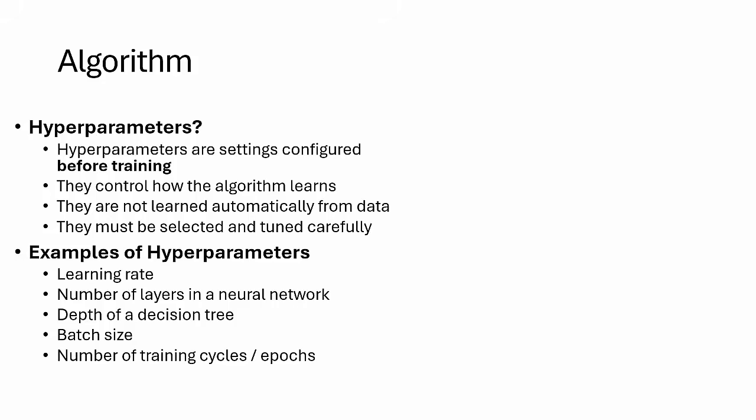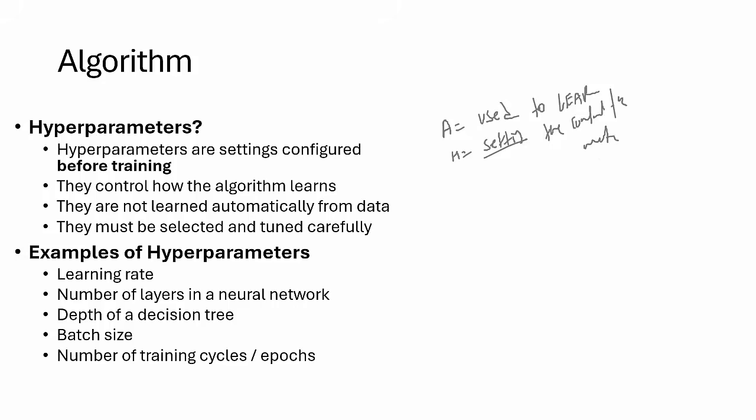So hyperparameters control the learning process. In more layman's terms, an algorithm is a method used to learn, but a hyperparameter is a setting that controls the method. This is the exam question on when we need to set this.